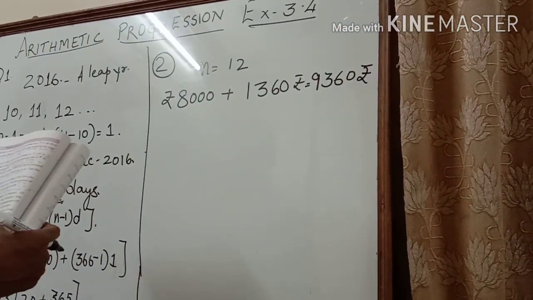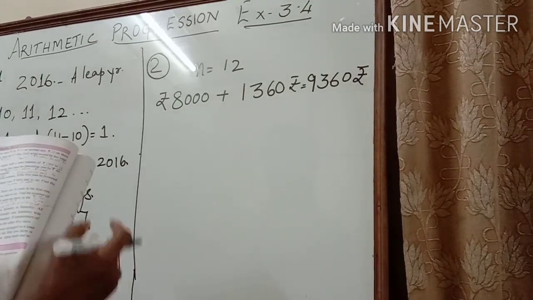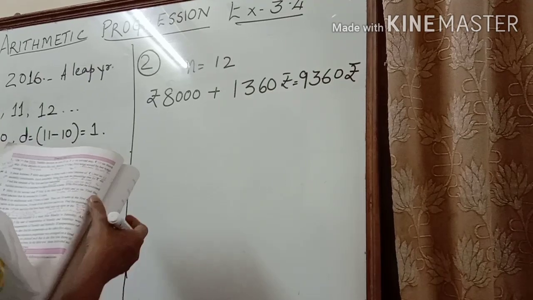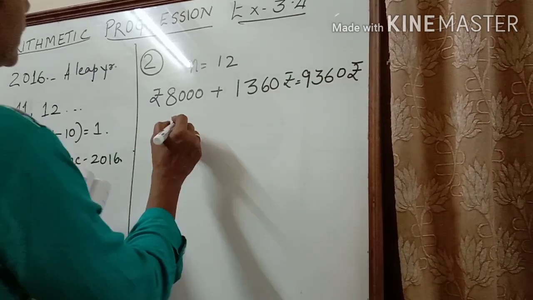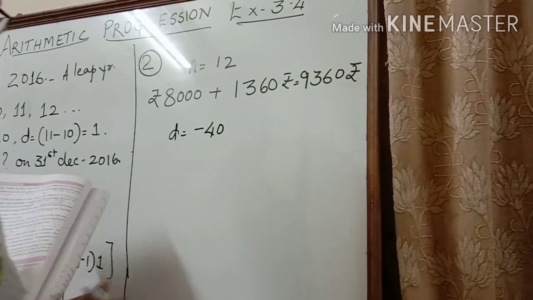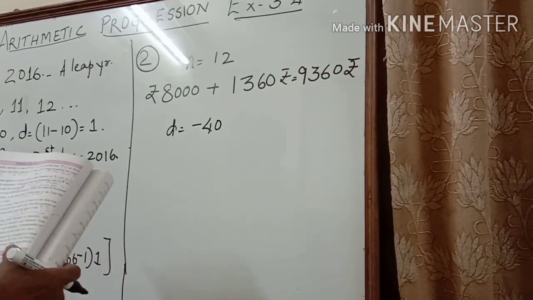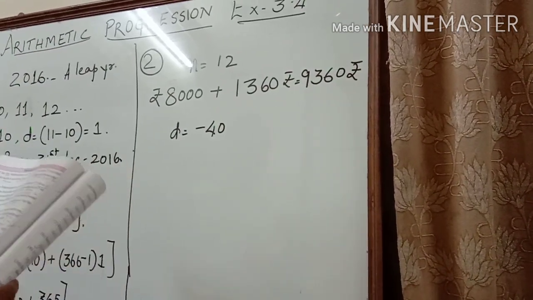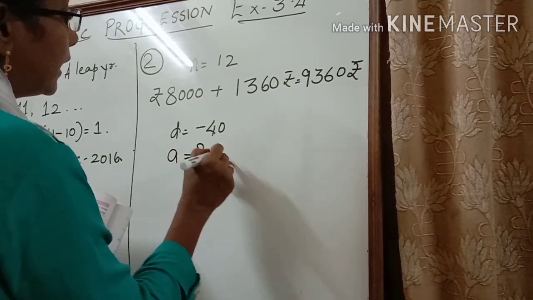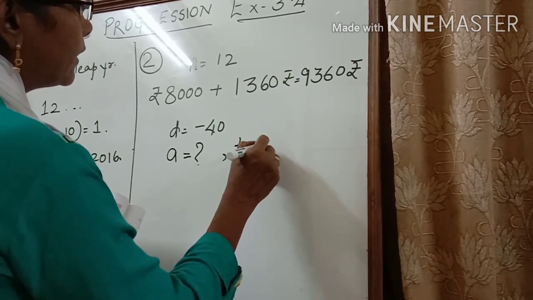Now each installment, after the first installment, the second installment is less by 40, that means d is equal to minus 40. We have to find the amount of the first installment and the last installment, that is a we have to find and Tn we have to find.